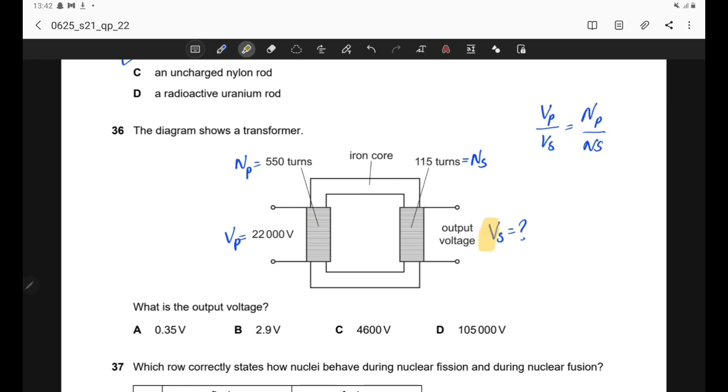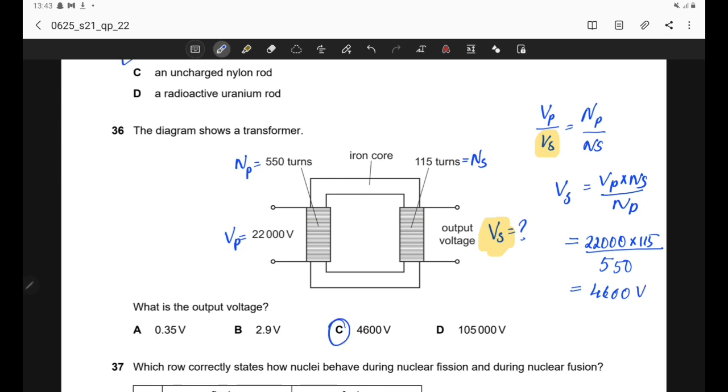Here we need to calculate Vs, so we can make Vs the subject. Then we will get Vs is equal to Vp times Ns over Np. We can substitute the values, where Vp is 22,000 times Ns is 115 over Np, that is the number of turns in the primary coil, is 550, and the answer is 4600 volts. Correct answer is option C.